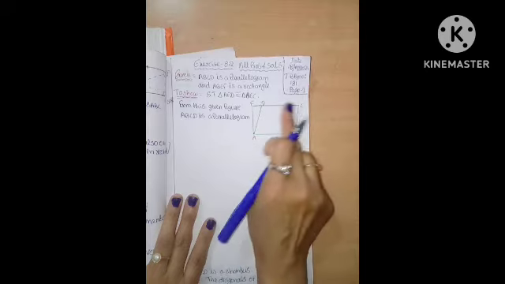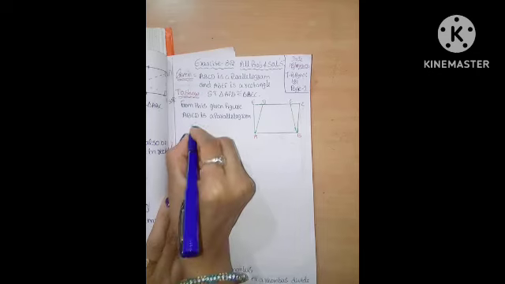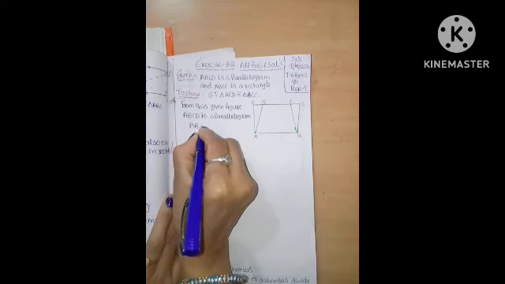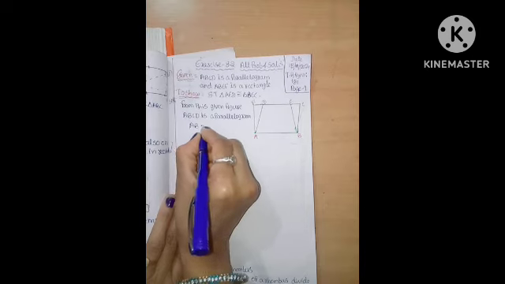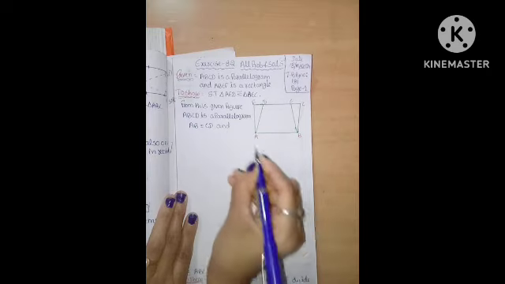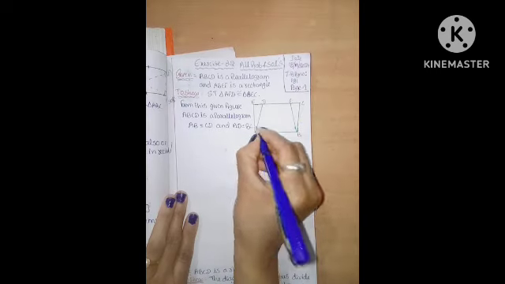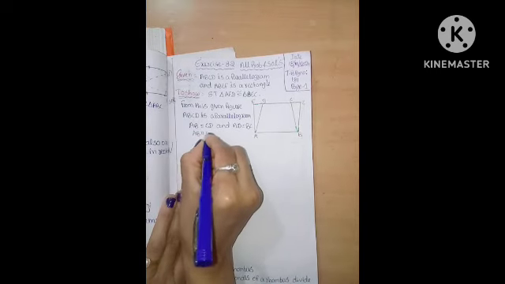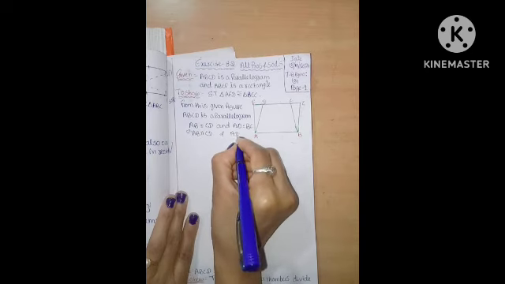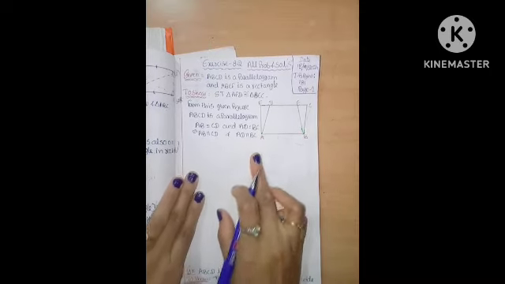So AB equals CD, and AD equals BC. They are parallel and equal: AB is parallel to CD, and AD is parallel to BC.